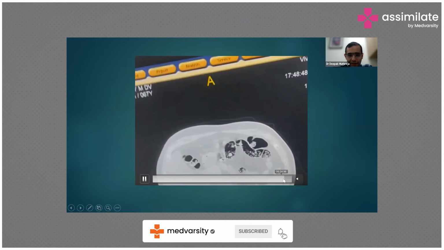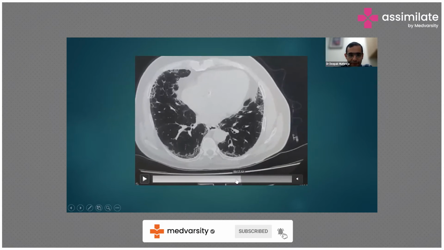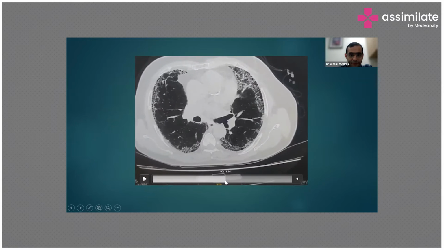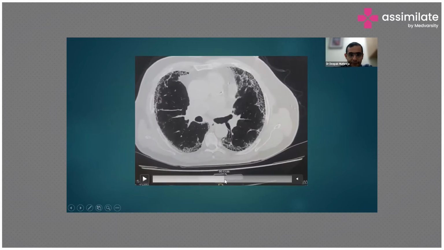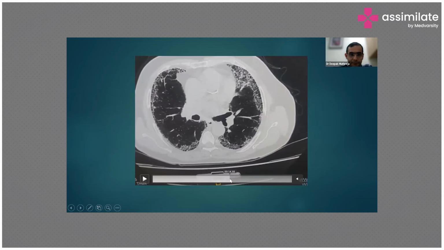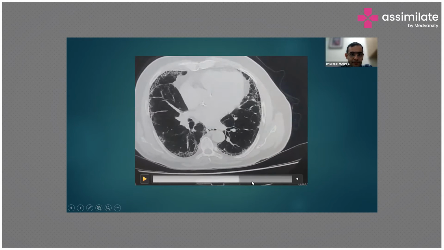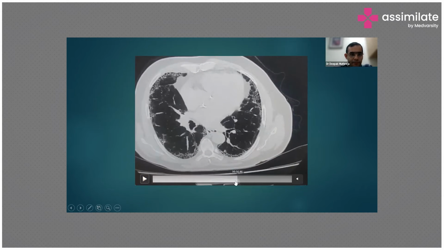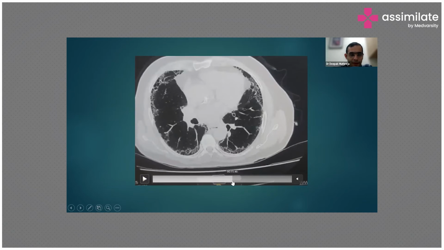I'll show you again the area of honeycombing. These are the areas where you see the cysts lying above each other. These are the areas that we call honeycombing.